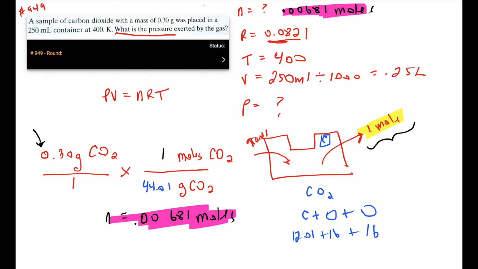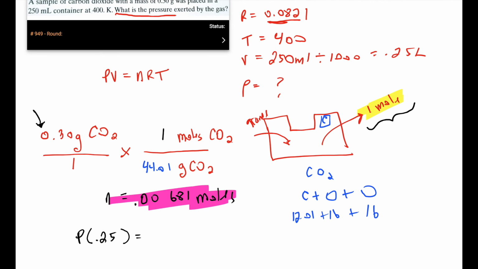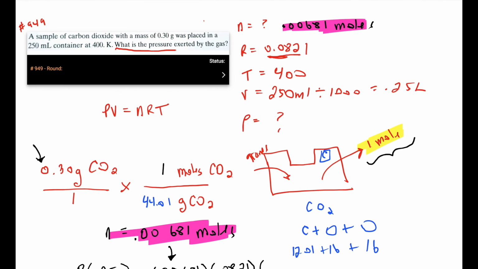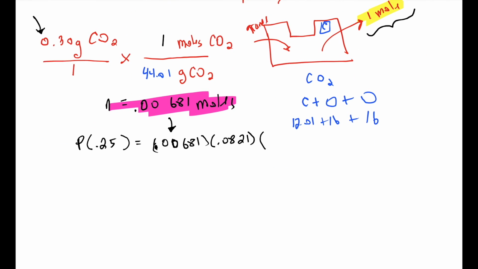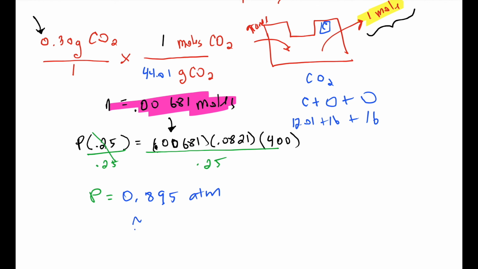All right, so let's plug everything into our PV equals nRT equation now. And temperature is 400. Now solve for P by dividing both sides by 0.25. And P is 0.895 ATM, which is basically 0.9 ATM.